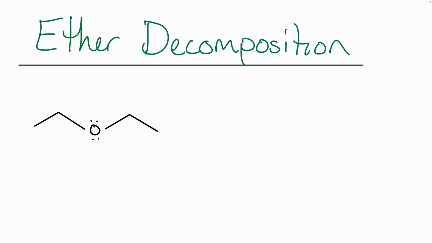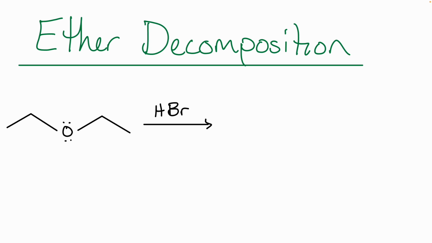Ether decomposition. So if we take an ether and we treat it with some of our hydrohalogens here, our strong acids, hydrogen bound to one of our halogens, chlorine, bromine, or iodine, what we'll see is quite literally the exact opposite of our Williamson ether synthesis.